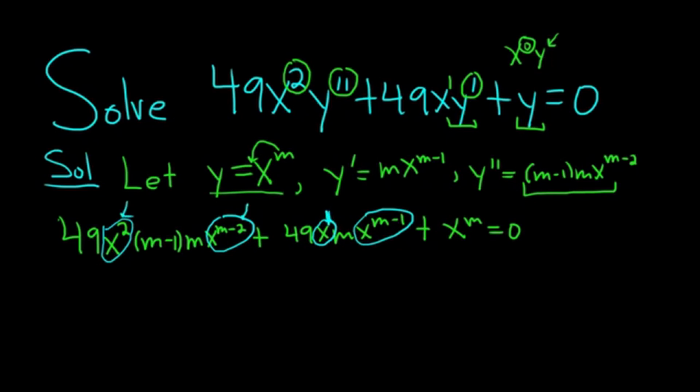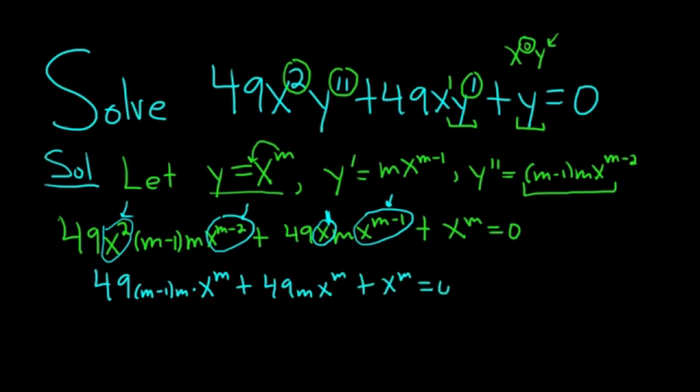Likewise, 1 plus m minus 1 is m. Okay, so we have 49 m minus 1, m, and then combining these gives us x to the m, plus 49m, and combining the x's gives us x to the m plus x to the m. All of this is equal to 0.